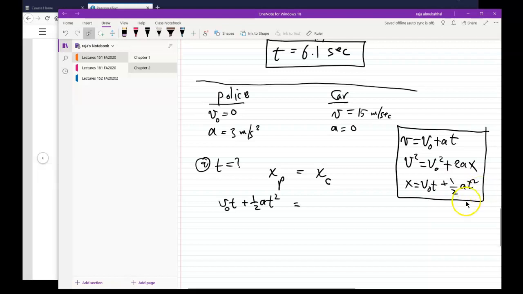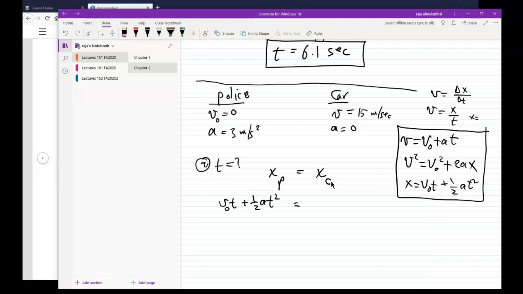What about the car? Well, the car is going at constant speed. The acceleration is 0. So all I need is the formula with 0 acceleration, the one we started the lecture with. Remember, velocity equals delta x over delta t, or velocity equals distance over time, or if you want, just x equals vt. You see what I'm saying?